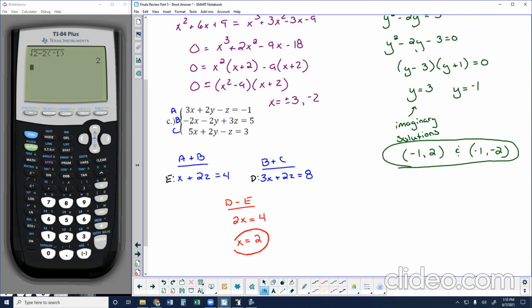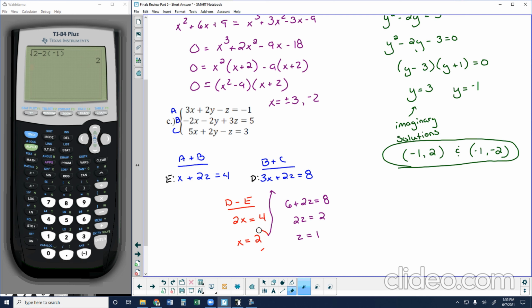So x equals 2. Now I can solve for z by substituting back into either one of these two equations. So if I substitute this back into, let's say, equation D, I would get 3 times 2, which is 6, plus 2z equals 8. Then I can subtract 6. 2z equals 2, and z equals 1.